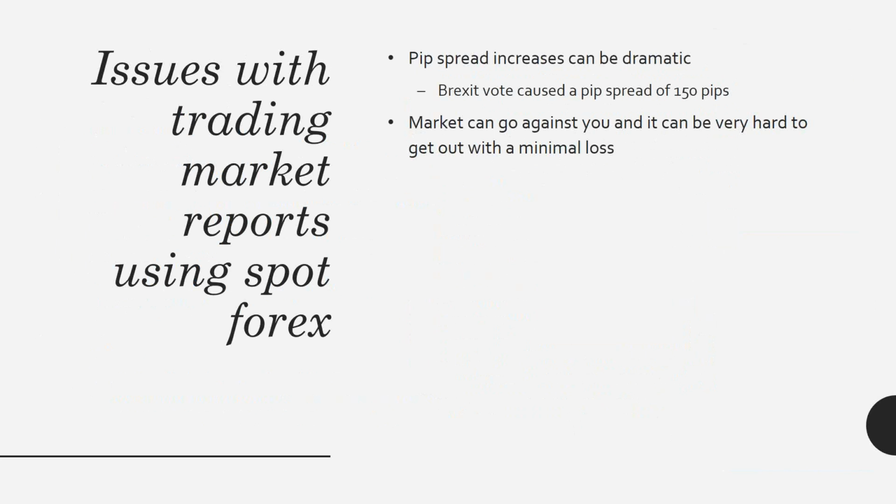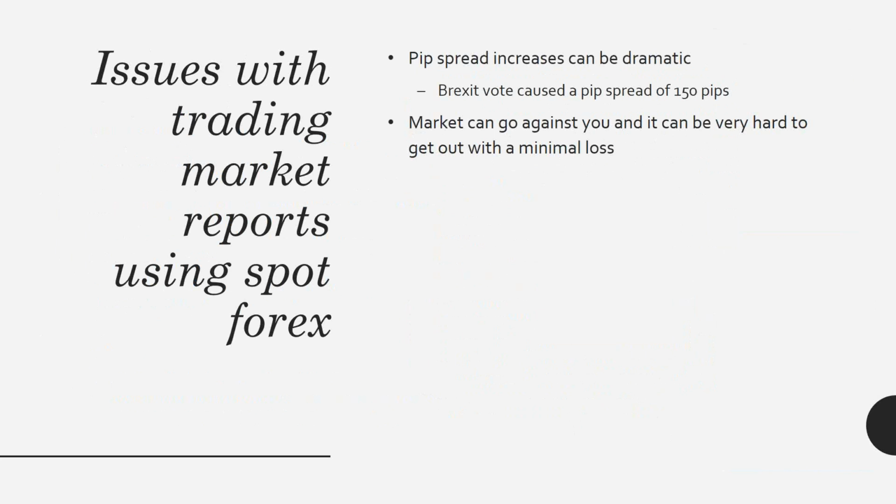A great example was the Brexit vote. The pip spread on the British pound dollar increased to 150 pips. I mean, that's huge, okay? And that's what you're paying as you're trading that market.